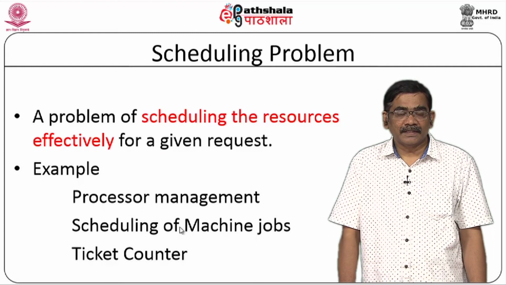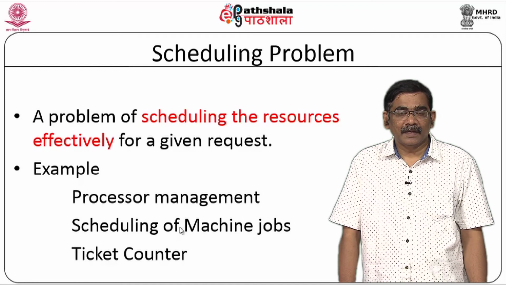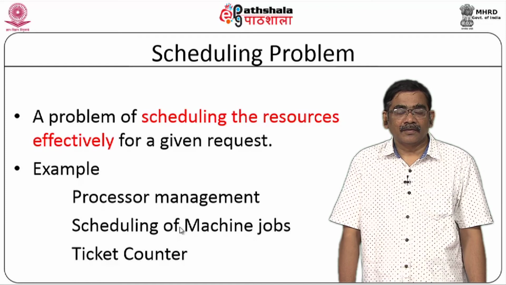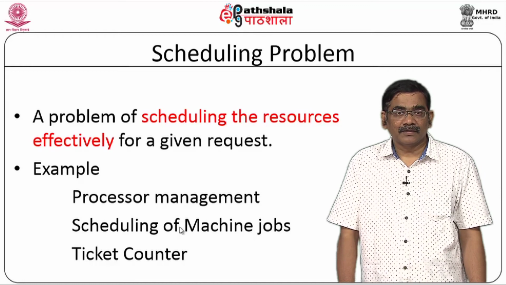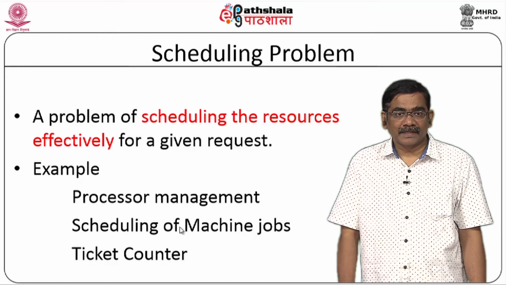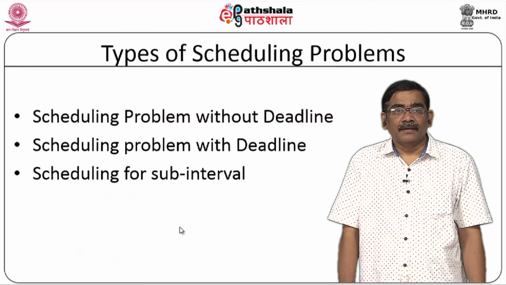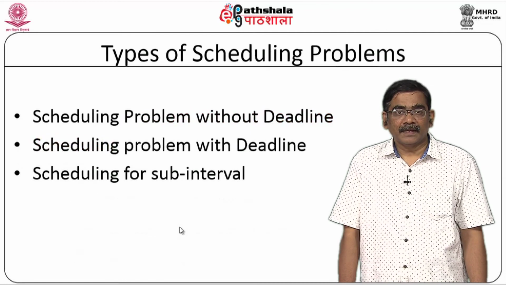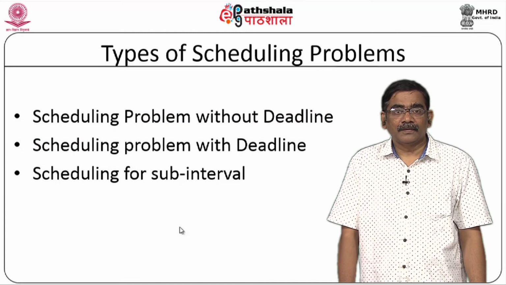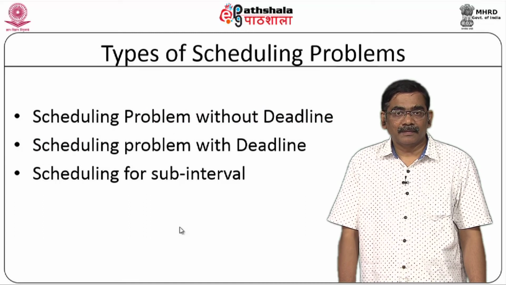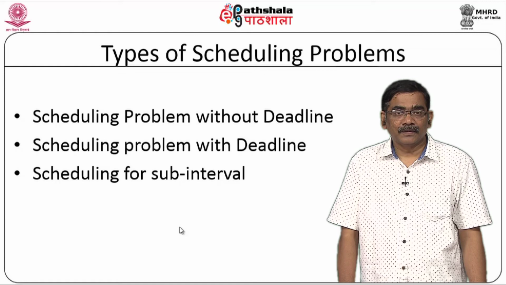The logic is very simple. You have limited resources. The question is how you will effectively allocate resources to the requests. There are three types of scheduling problems. First, a scheduling problem without a deadline, where without bothering about deadlines, we solve the problem with respect to profit.